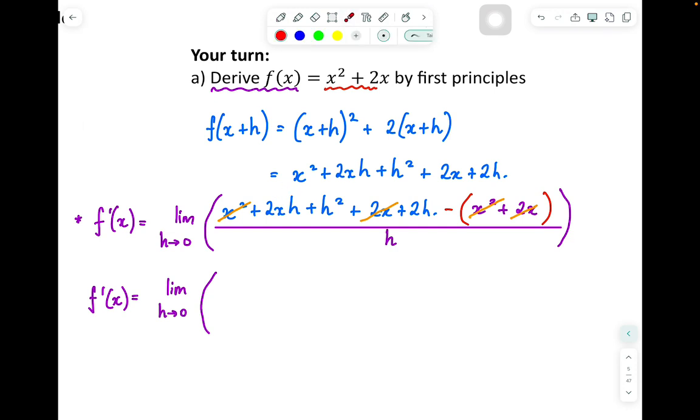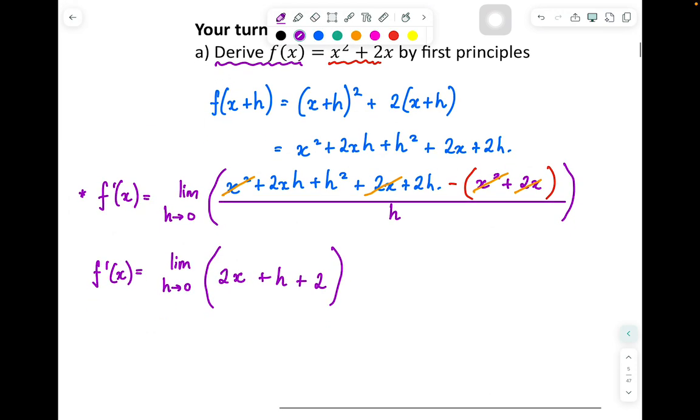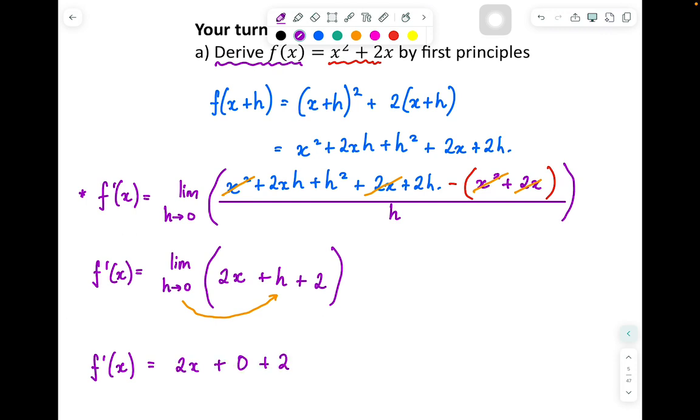Furthermore, you can see all of these terms have h's in them, and we need to divide by h. So I'm going to start moving through this a bit more quickly by cancelling one h from each term in the numerator. Now that there is nothing left to cancel out, we can apply the limit and substitute this into the expression inside the bracket, showing that h eventually does become 0.